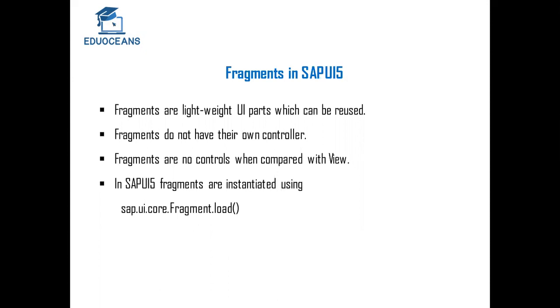For each view we know there is a controller associated with that view. But a fragment doesn't have its own controller. Wherever the fragment is called, suppose I'm using the main page view.xml file, and for it there is a controller associated, the main page controller.js file. What if I want to call the fragment?